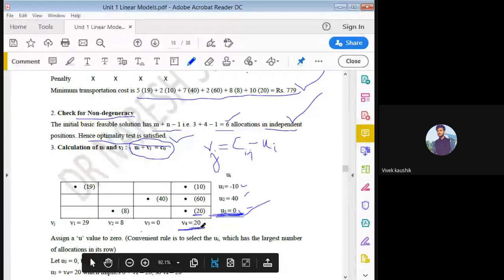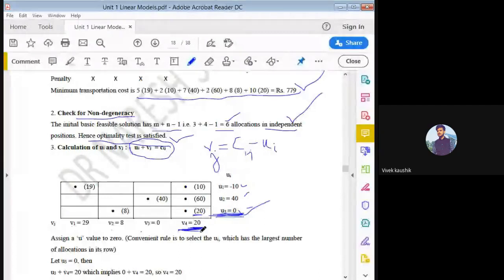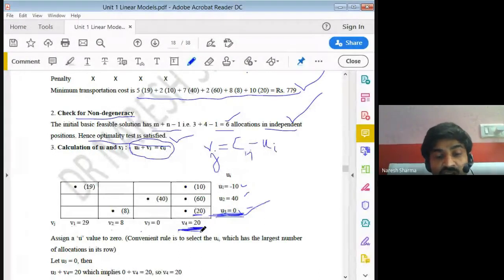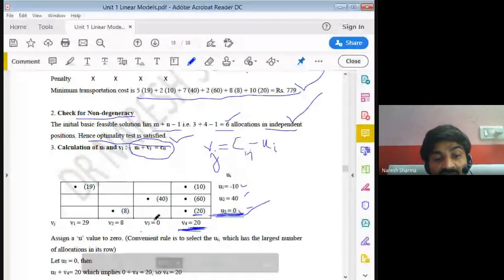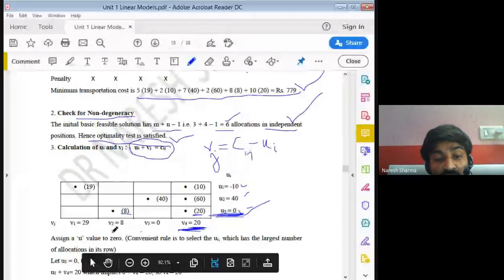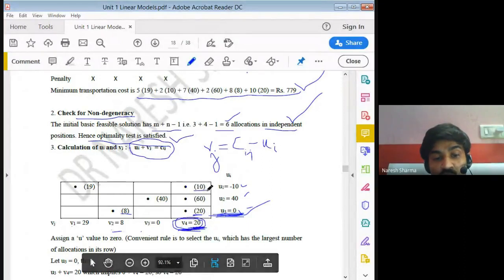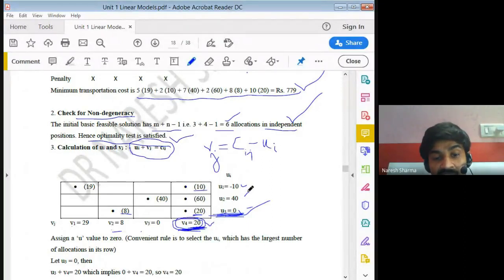The student says they understood that, but wants to understand how V1 was taken as 29. I have not taken it on my own. Similarly, I do 8 minus 0, you get this V2. Similarly, using this V4, I use 10 minus 20, I get minus 10. 60 minus 20, I get this 40, right?